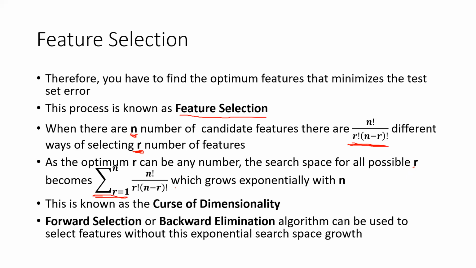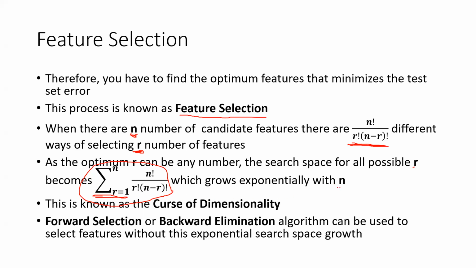So you would have to try this number of tests, sorry, not examples, this number of tests. You have to run this number of tests to find the test accuracy and find which one is the least, right? So this is very inefficient.